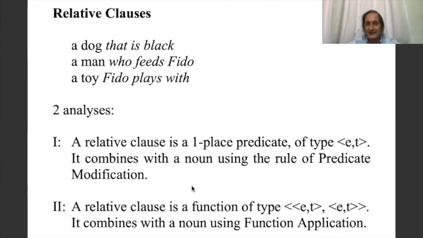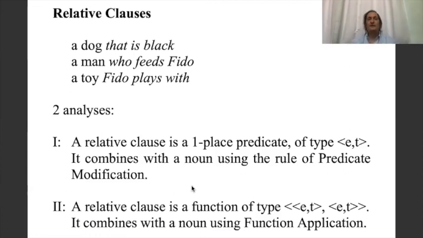Fido plays with is acting like an adjective, but it can't actually be turned into an adjective. It's not like black, and that is black. But we're going to go ahead and give a way of analyzing these too. And the ways of analyzing them are going to be just like the ways of analyzing adjectives.